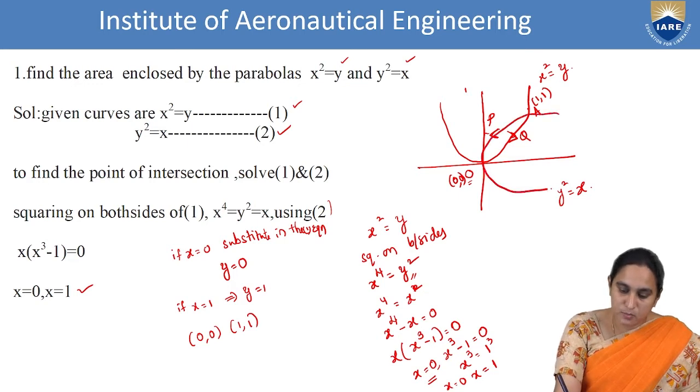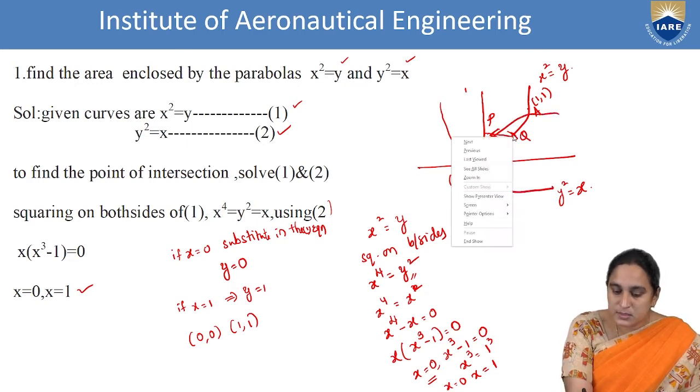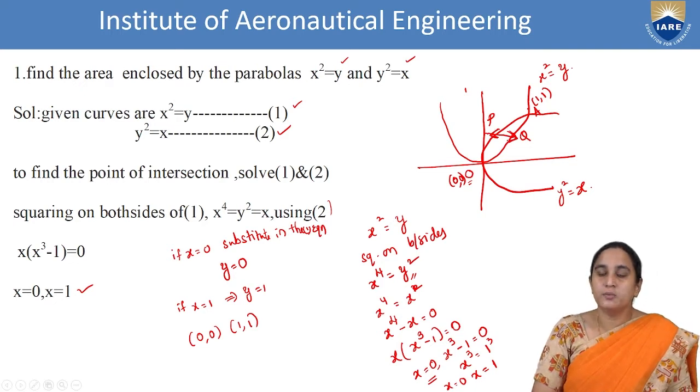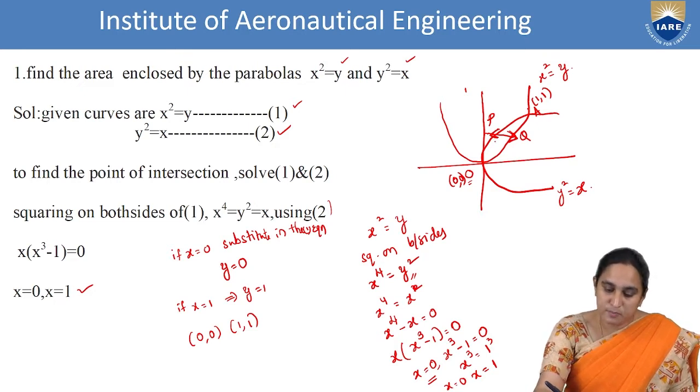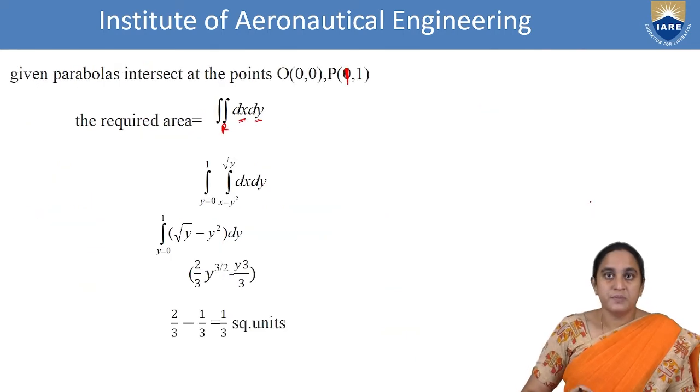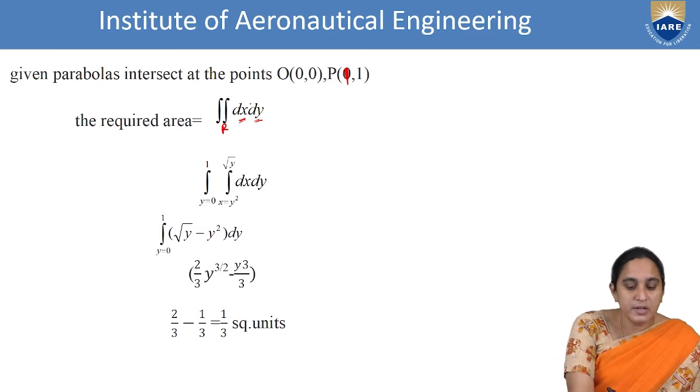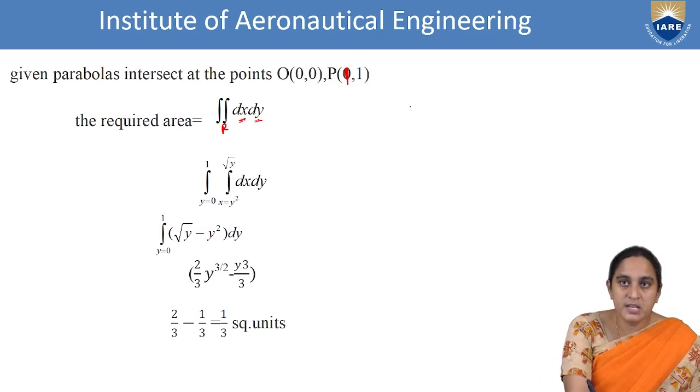The curves intersect at O, A, and this is the horizontal strip at P and Q. From that, what is the point P here? The P curve is y square is equal to x. If you take the formula double integral of dx dy, what is the meaning of that?